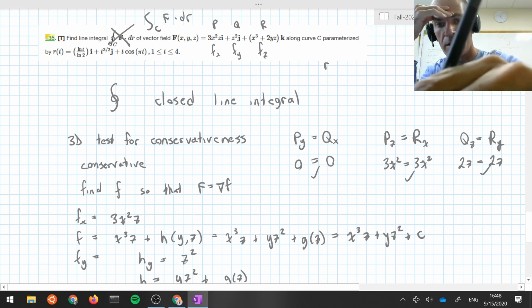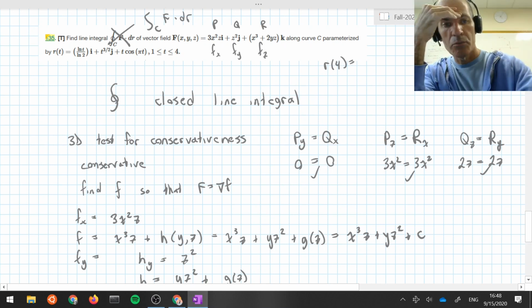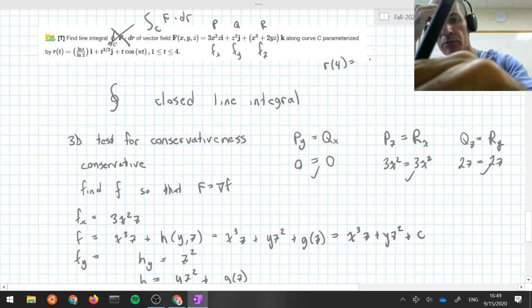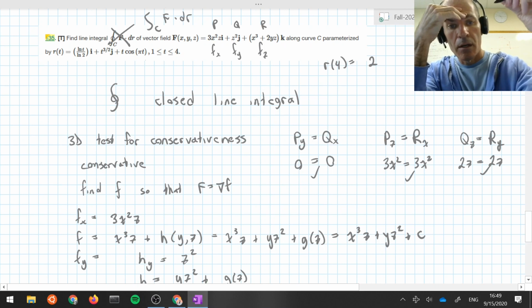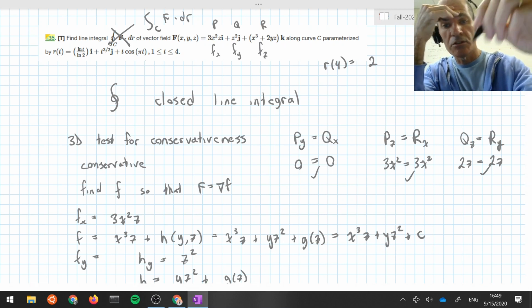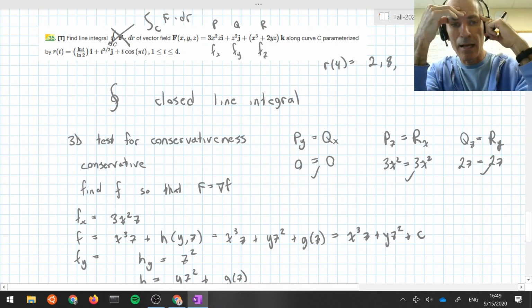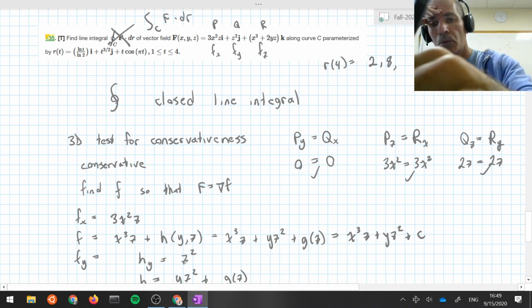What are the endpoints of this curve? Well, we need to find r of 4, which we get by plugging in t equals 4. That's going to work out to natural log of 4 over natural log of 2, which is just a fancy way of writing 2. Then plugging 4 into the next slot, that's 2 cubed, that's 8. And then finally plugging 4 into the last slot, that's going to be 4.